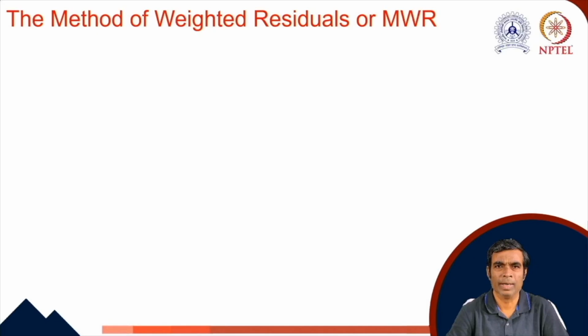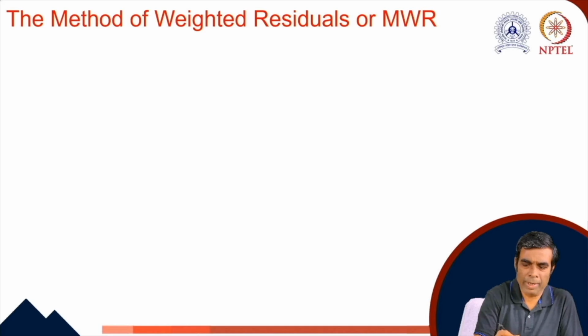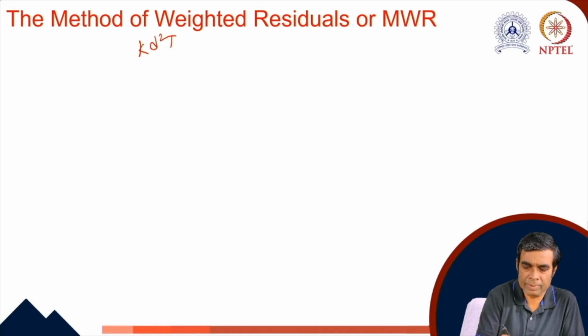Now let us introduce the concept of the method of weighted residuals, or MWR. To do that, first let us introduce the concept of residual. When we have a strong form, for example, let us consider the Poisson's equation again, k d2T/dx2 plus q equals 0.